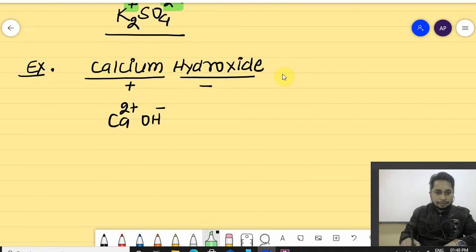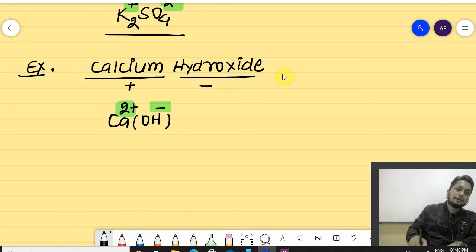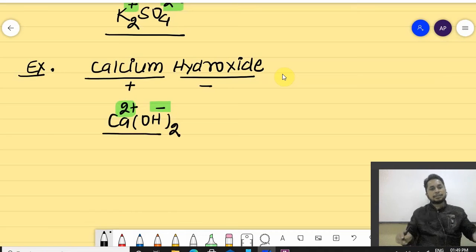So this single minus means 1 multiplies calcium, and 2 multiplies hydroxide. Hydroxide is a polyatomic ion which contains more than one atom, here we have 2 atoms. So for a polyatomic ion, if you want to multiply, always use the bracket. So the formula of calcium hydroxide will be Ca(OH) whole twice, Ca(OH)2.